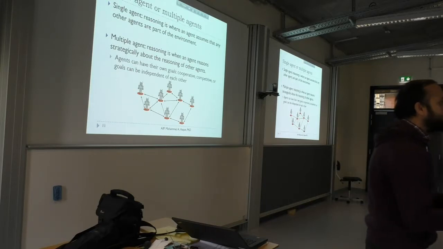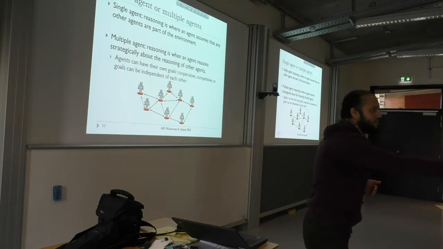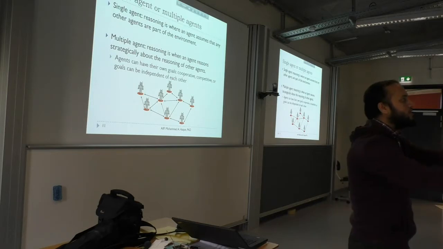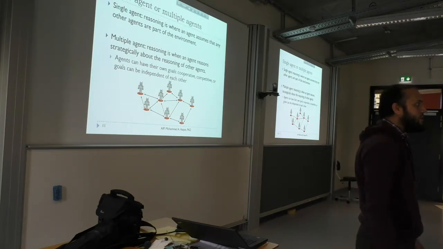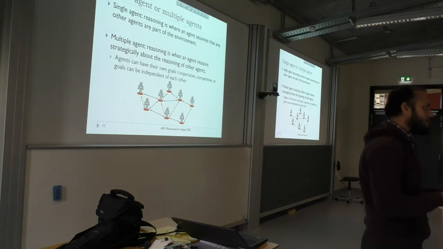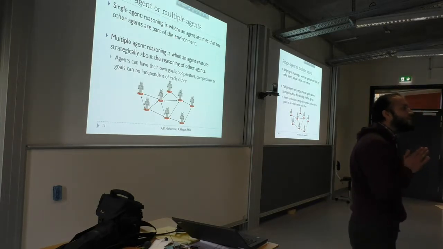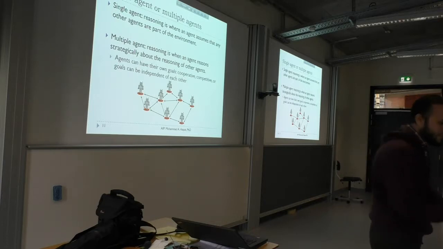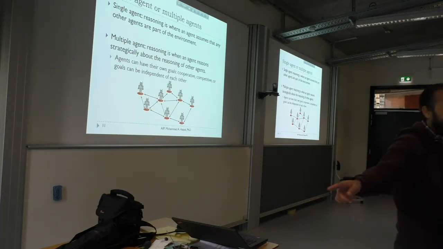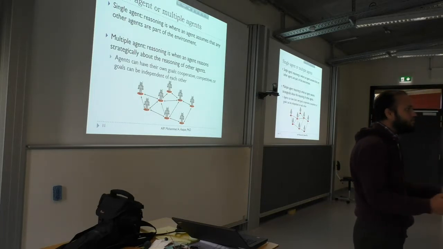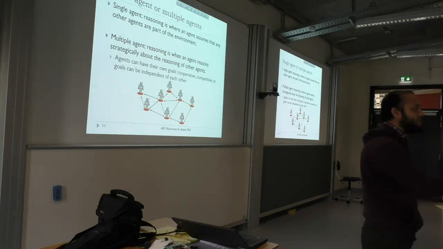So in a multi-agent system, you are depending on the other agent's decision. In a single agent system, you are not depending on anything else in the environment as a dynamic thing. You are just thinking that those are things which are in static states. Dynamic means it can be dynamic. For example, you can move these tables from this place to that place, but maybe those are static things. There is no intelligent agent, and you are not strategically depending on those things.